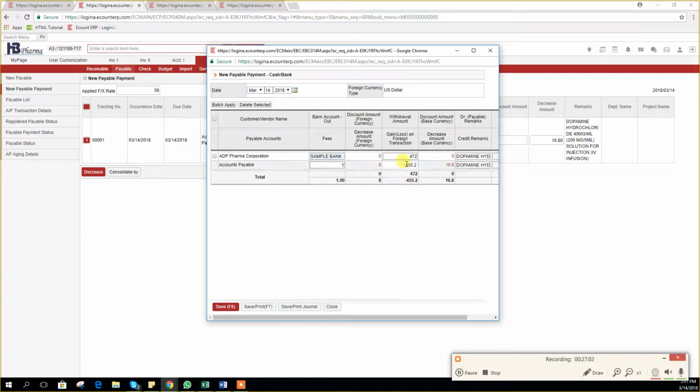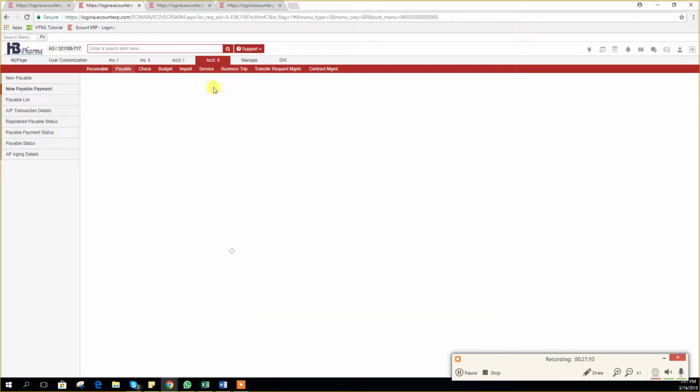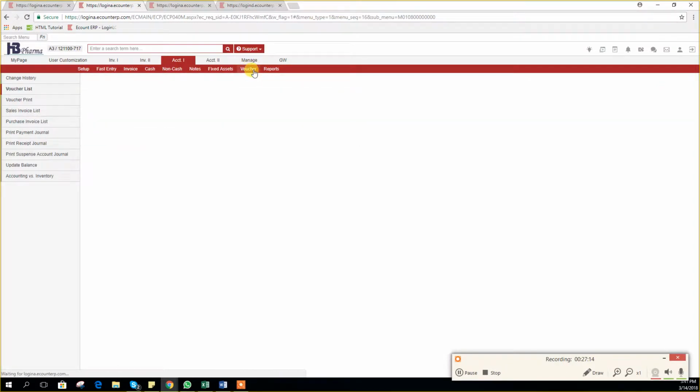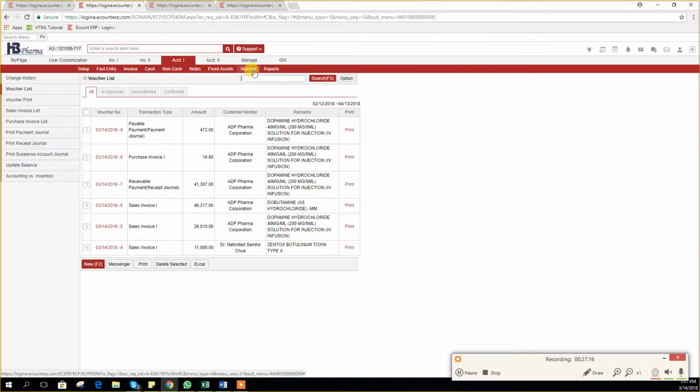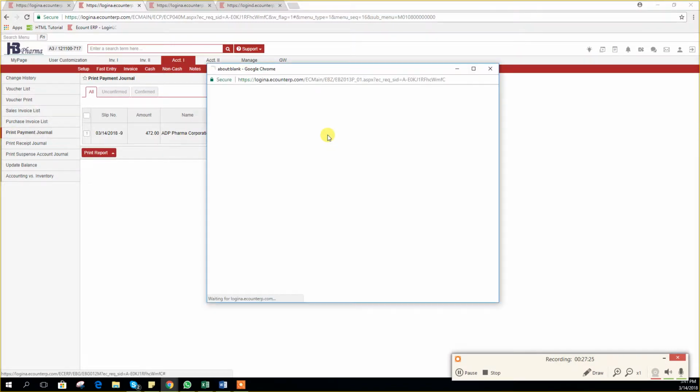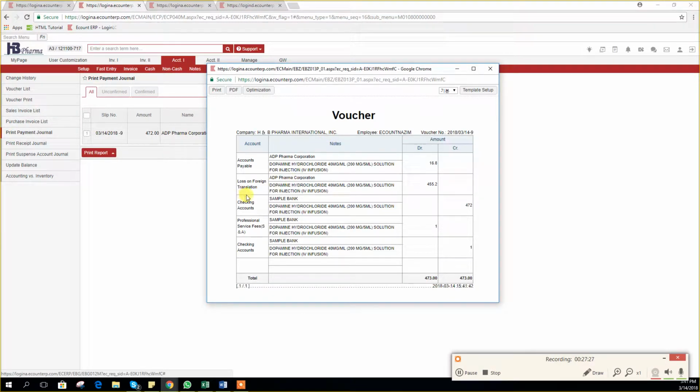So this is going to be inside your loss on foreign exchange, which you can see inside your voucher. You can go to print payment journal and you can see what is the double entry.